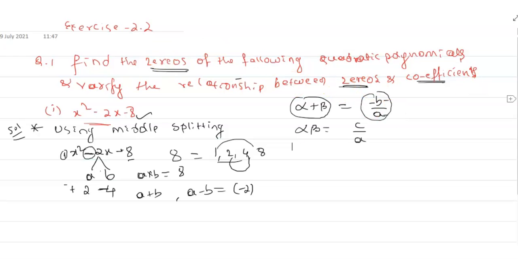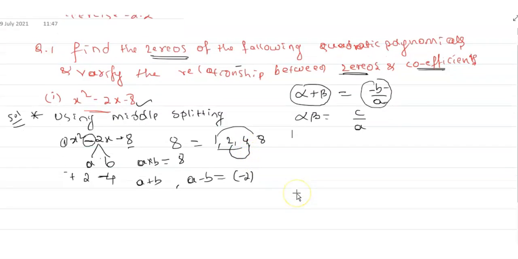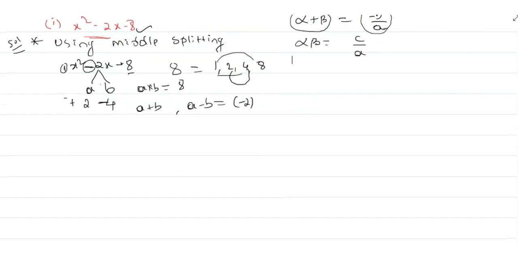Okay, let's see this. Here what happened, I split x square minus 2x, plus, sorry, this is plus, right? I have taken plus 2x minus 4x minus 8.